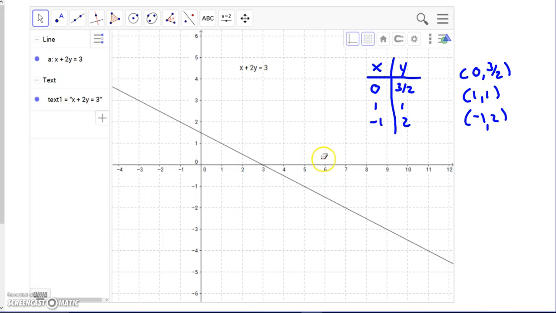So that's what a linear equation is. You've got two different variables, and when you plug in values that are solutions to the equation, they produce a line.